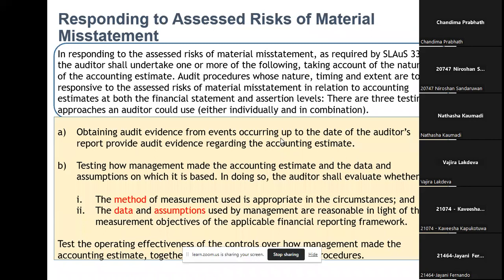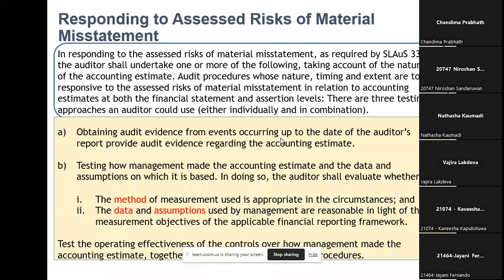In responding to the assessed risk of material misstatement as required by ISA 330, the auditor shall undertake one or more of the following. There are three approaches which an auditor can take, taking account of the nature of the accounting estimate.